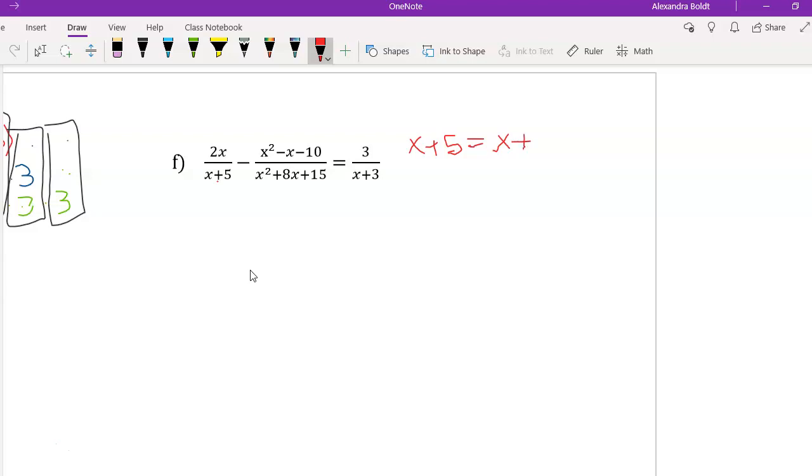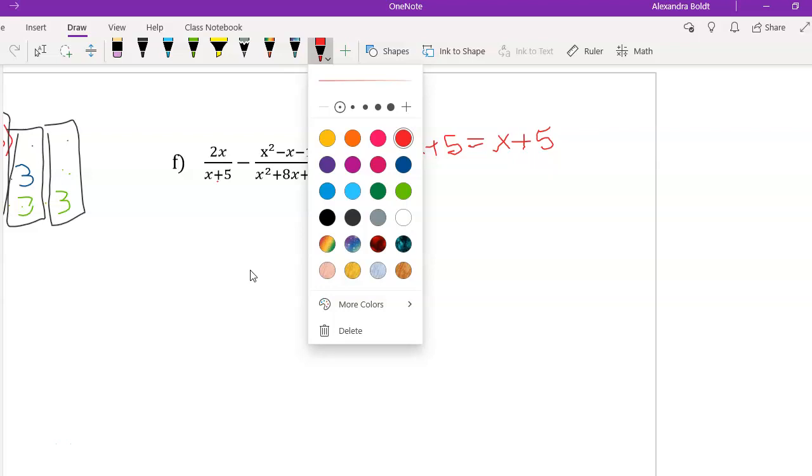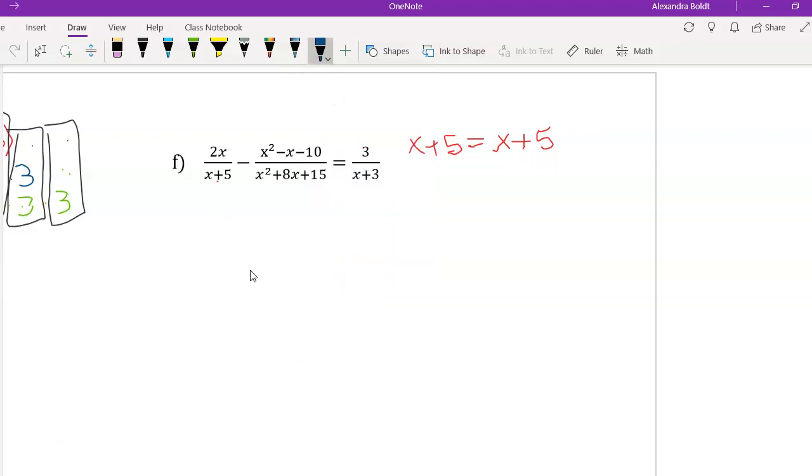Equals x plus 5. Okay. Then we have our x squared plus 8x plus 15.